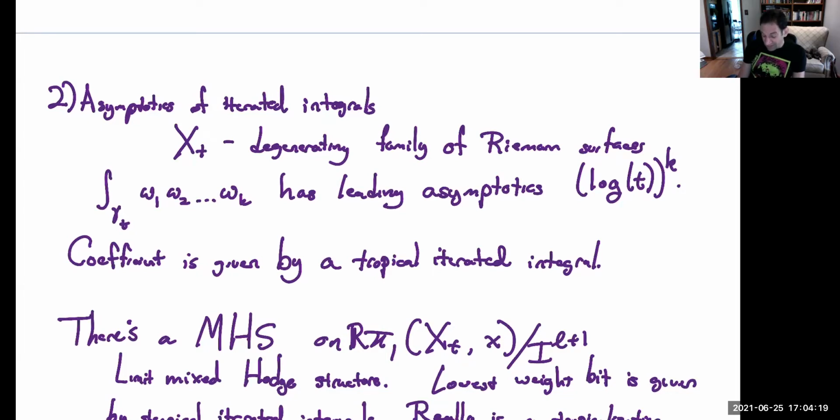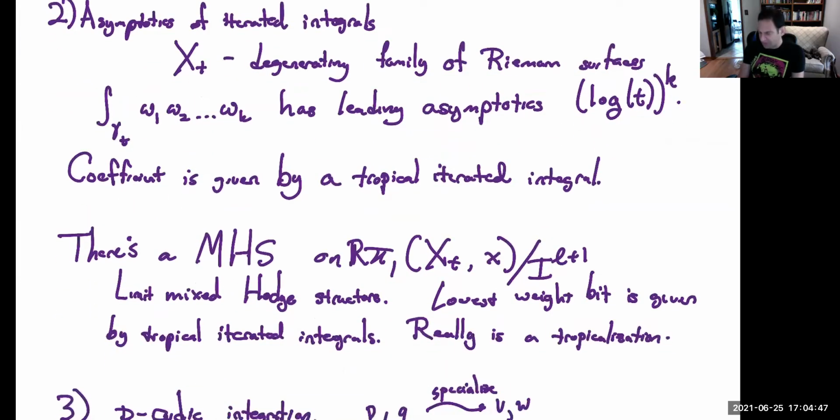Another use of these tropical iterated integrals is asymptotics of usual iterated integrals. You play the same game where you have a degenerating family of Riemann surfaces, and a family of one forms that extends to the family in a nice way. Then the leading asymptotics of this integral is log t to the k, and the coefficient is given by a tropical iterated integral, so that's combinatorial.